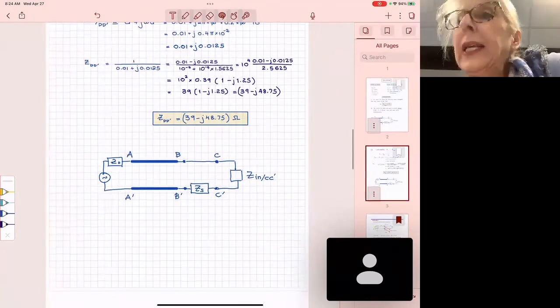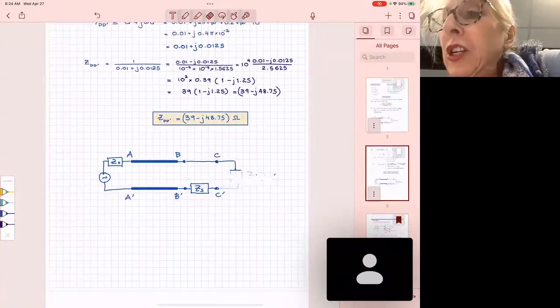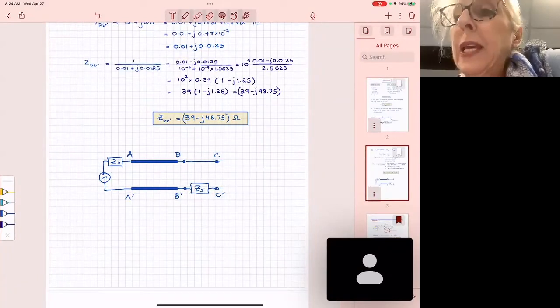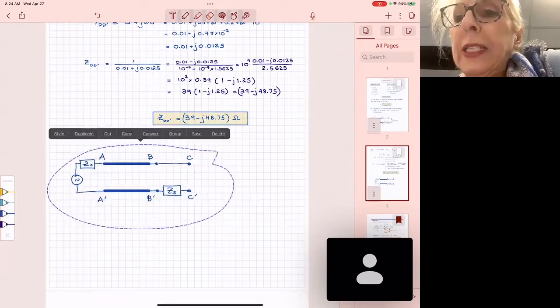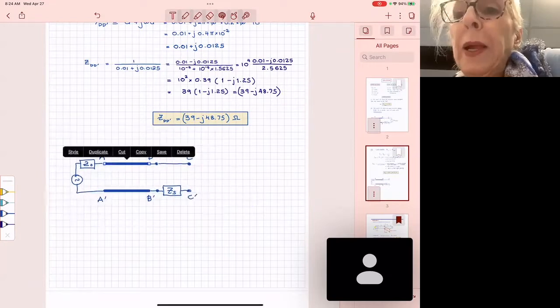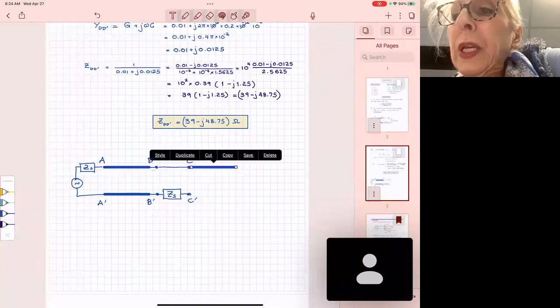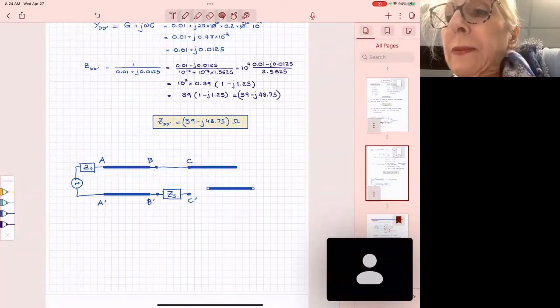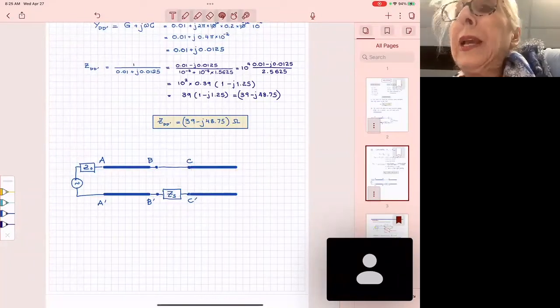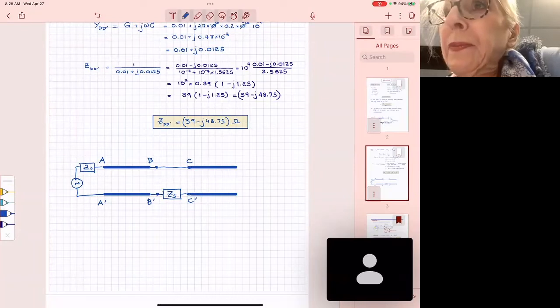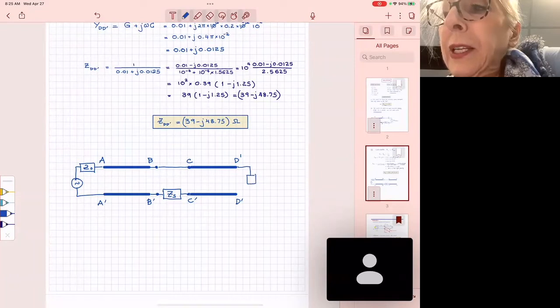Practically, after I made that decision, I'm going back to my original problem. Since I decided to use impedances, now I will have to do one thing first. I have to take my load impedance, which is here, and I have calculated it.